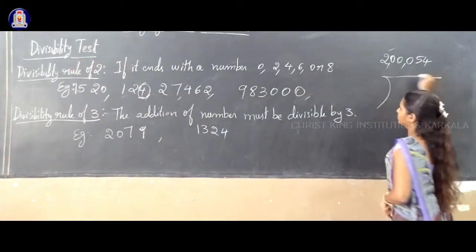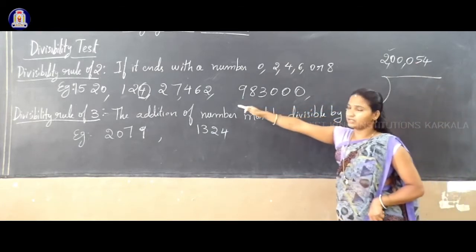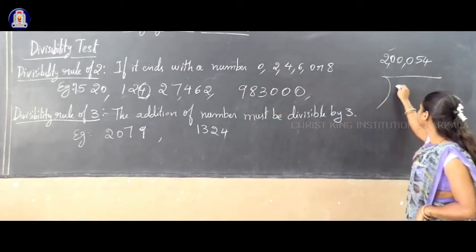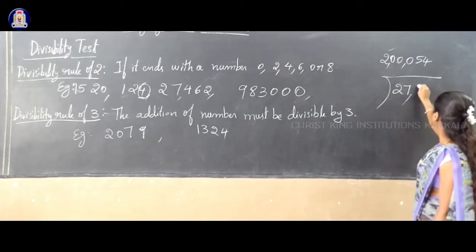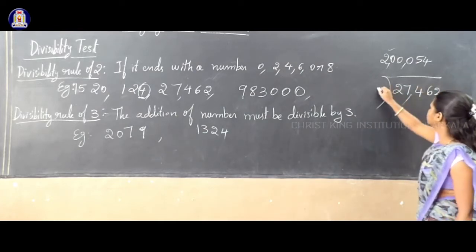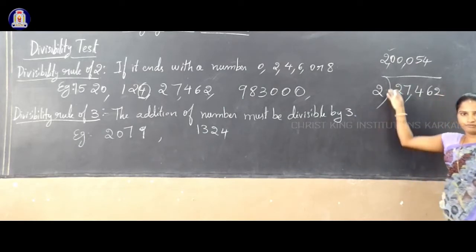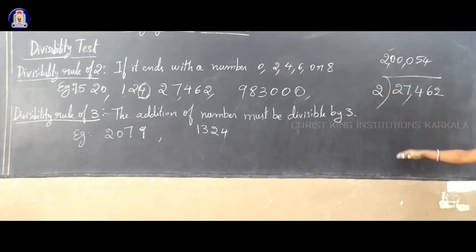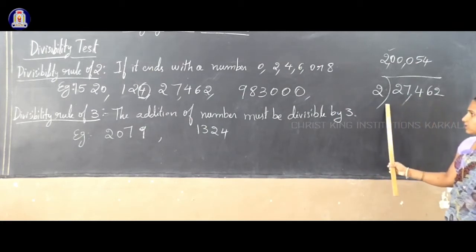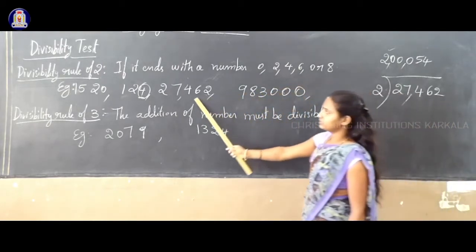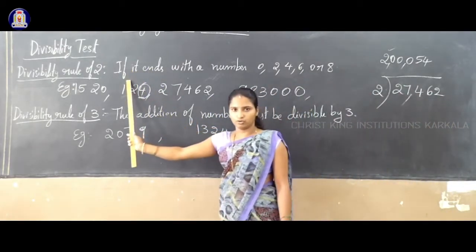Otherwise you have to check whether the given number is divisible by 2 or not. So we'll check 27,462 divisible by 2 table. You have to divide by long division, step by step, right? But without doing this division, directly we can find the answer by using the divisibility rule.